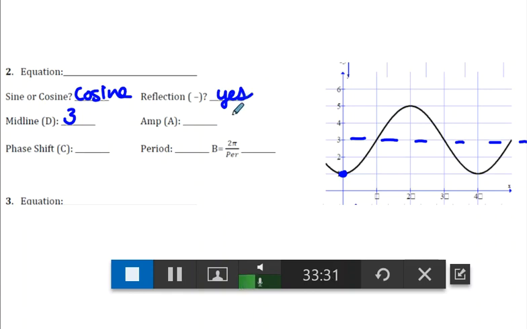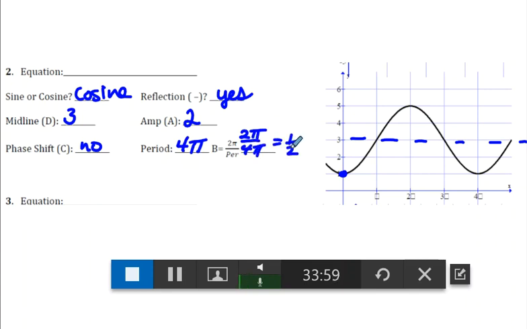All right, Lena, what do you have? Yes. Good. Christina, is there a phase shift? No phase shift if we start there. And what did you guys get for your period? 0 to 4 pi. Okay, so from 0 to 4 pi is a length of 4 pi, so we did 2 pi over 4 pi, and we got what for B?